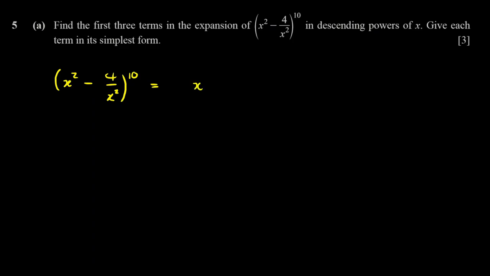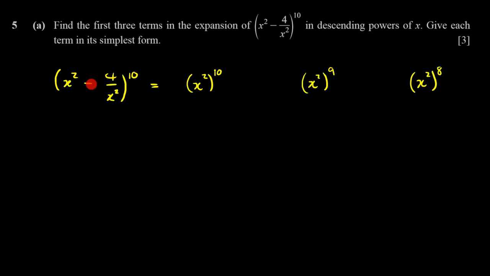You're going to start with an x squared to the power of 10. And then in the next term, you'll have an x squared to the power of 9, and then in the next term, an x squared to the power of 8. So those powers decrease: 10, 9, 8.